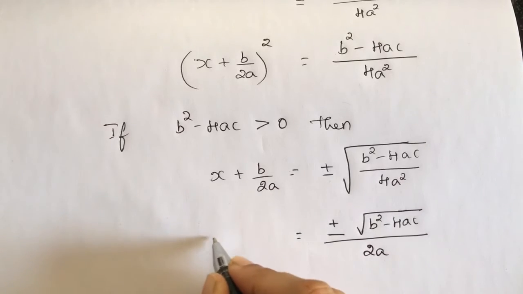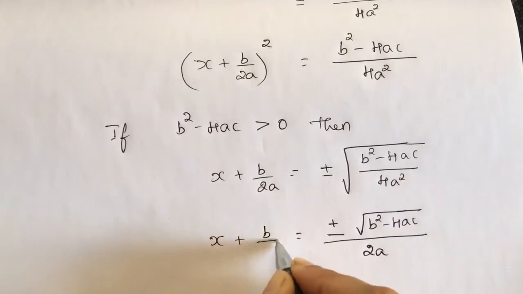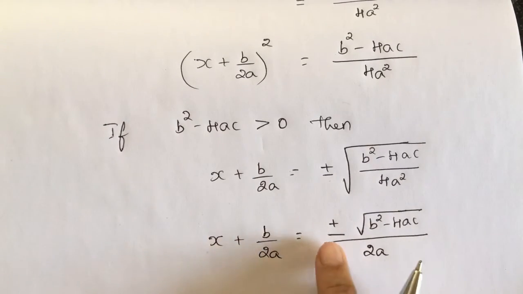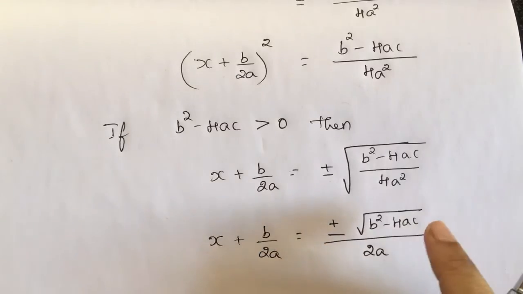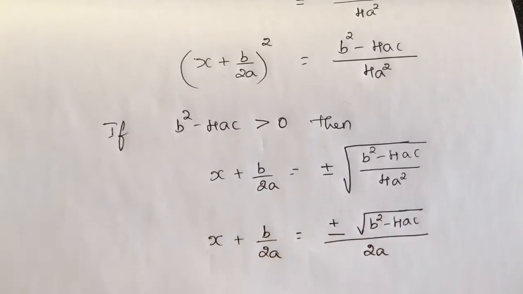So x plus b by 2a is plus or minus root of b square minus 4ac by 2a.